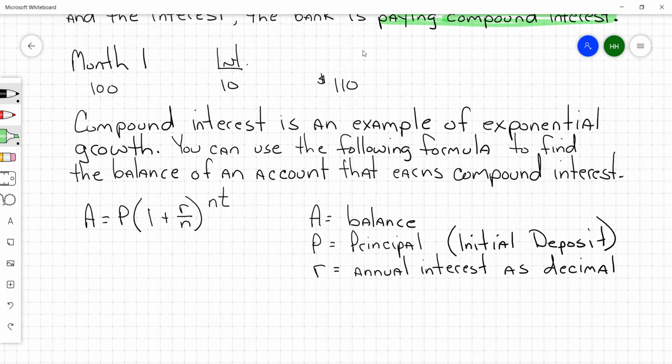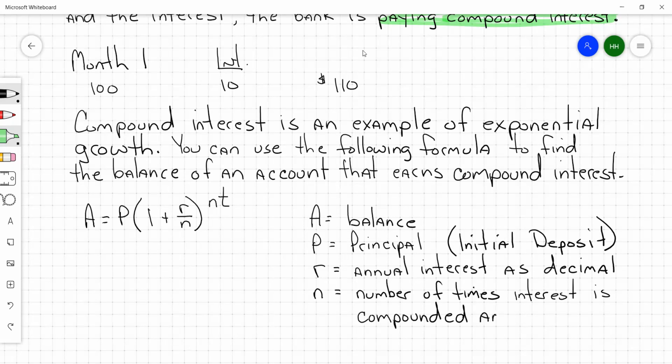Your lowercase n, that's the number of times interest is compounded annually. T is your time in years.